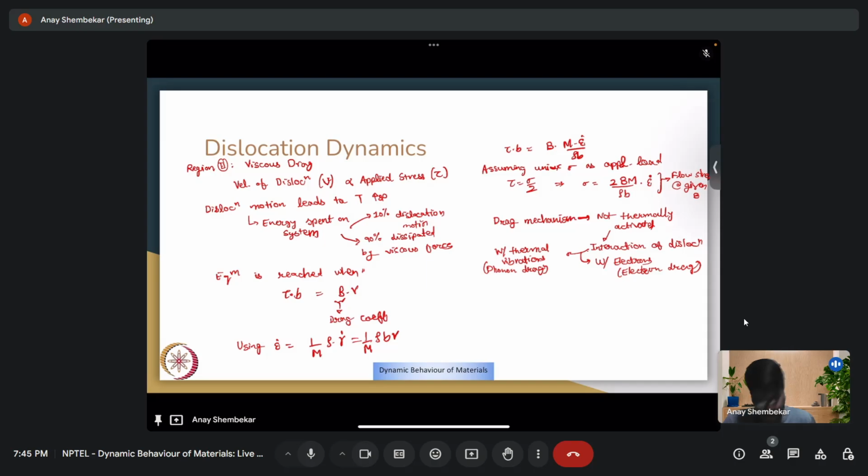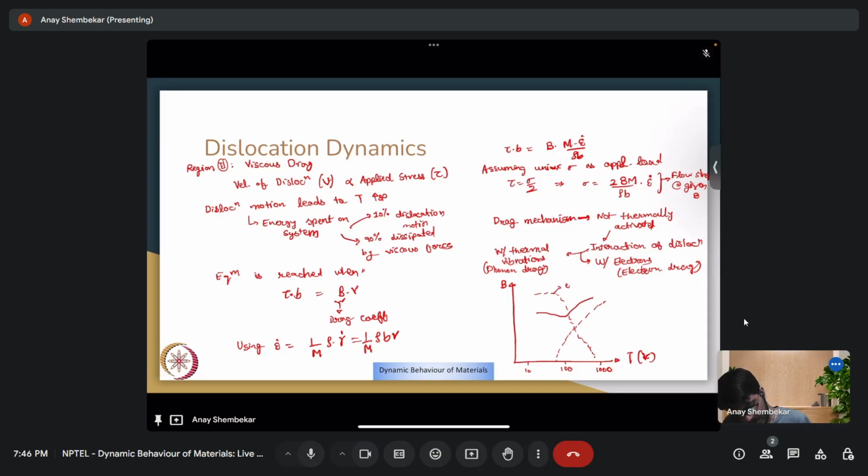So if one were to plot how the drag coefficient looks as a function of temperature, up to 10,000, you would have something that looks like this.